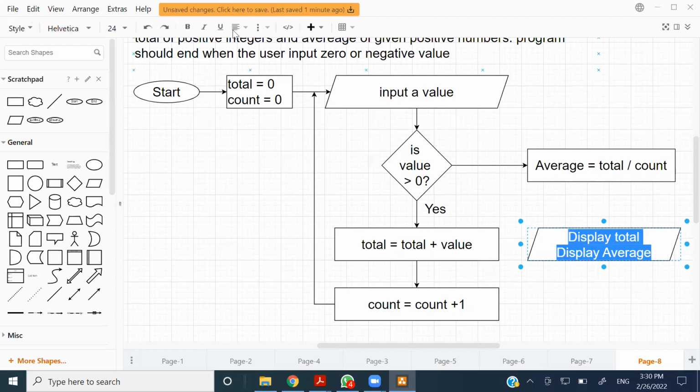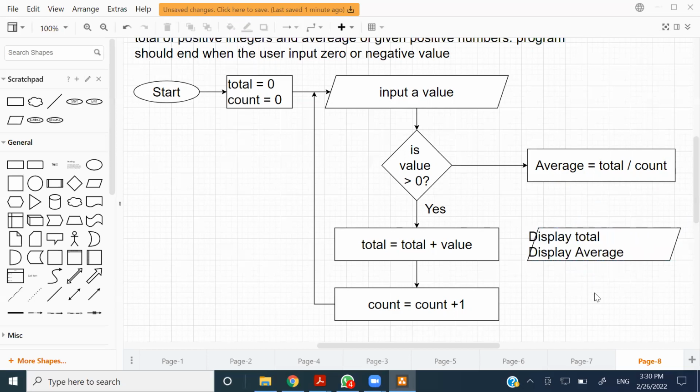So we can say display total and display average. Simple as that. And I'm connecting the dots. So now I can end the program.